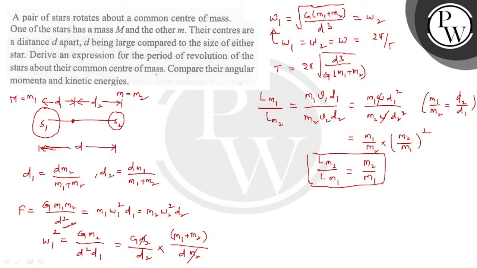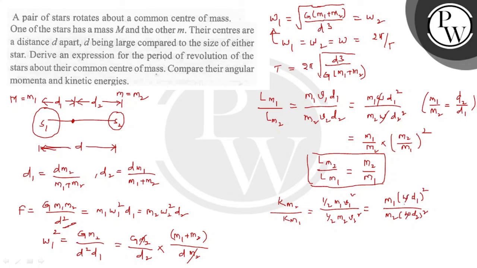And kinetic energy: K m2 by K m1 is equal to half m1 v1 square by half m2 v2 square. V is equal to omega d1, so m1 into omega d1 whole square by m2 into omega d2 whole square.